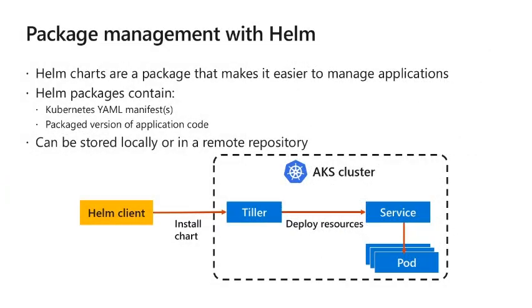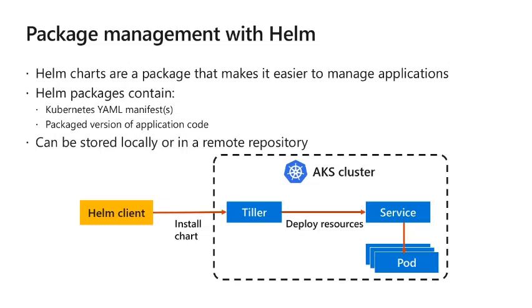Now we come to package management with Helm. Helm charts are a package that makes it easier to manage applications. Helm packages contain Kubernetes YAML manifests and a packaged version of application code, and they can be stored locally or in a remote repository.